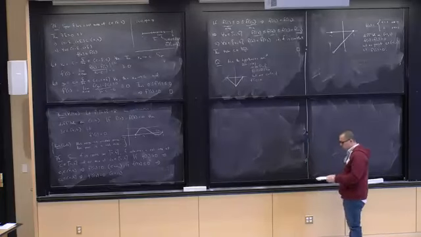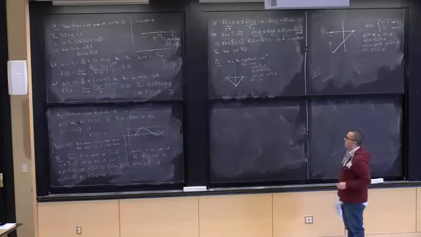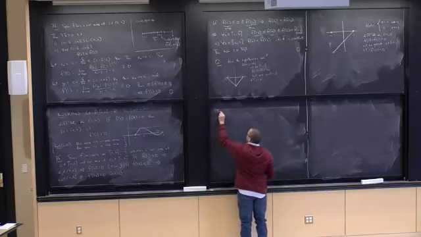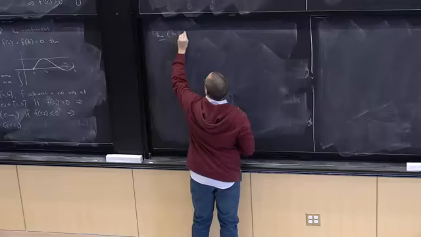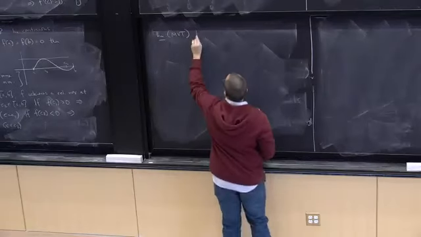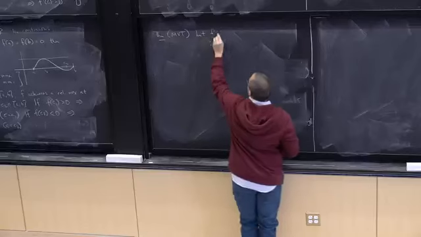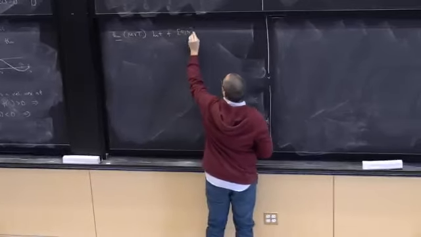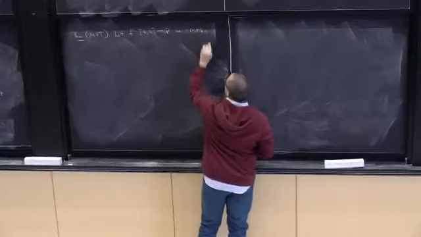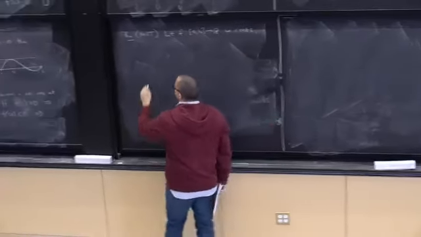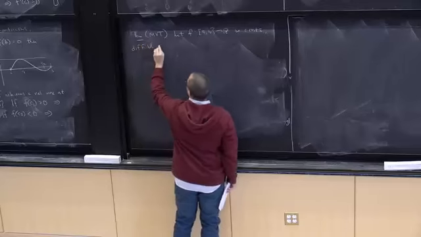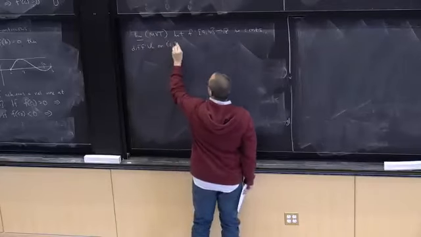All right, so let's rotate this picture here and arrive at the mean value theorem. Let f from [a,b] to R be continuous, so it's continuous on the closed interval [a,b], and differentiable on (a,b).